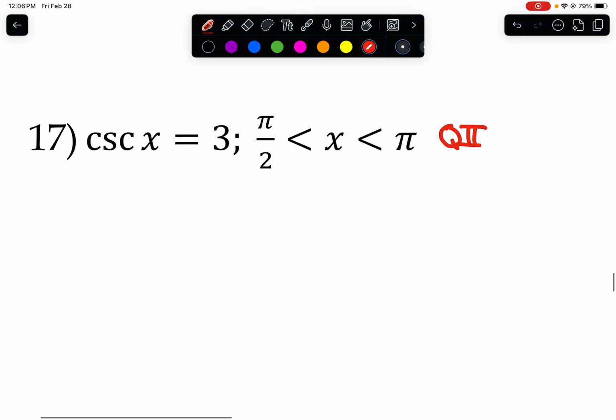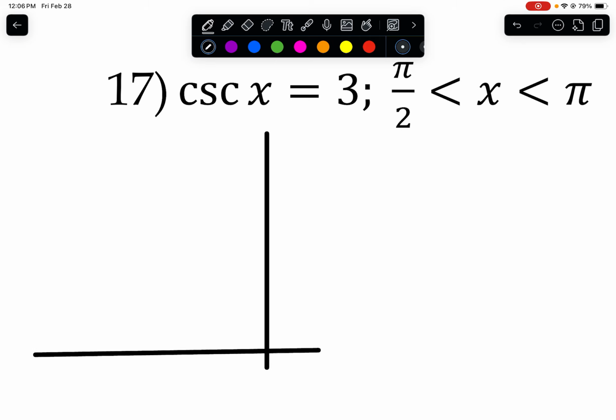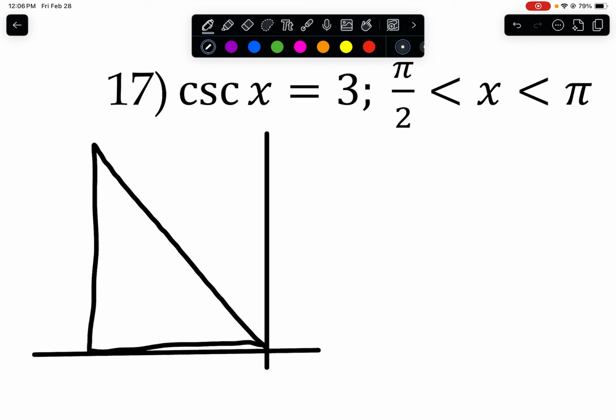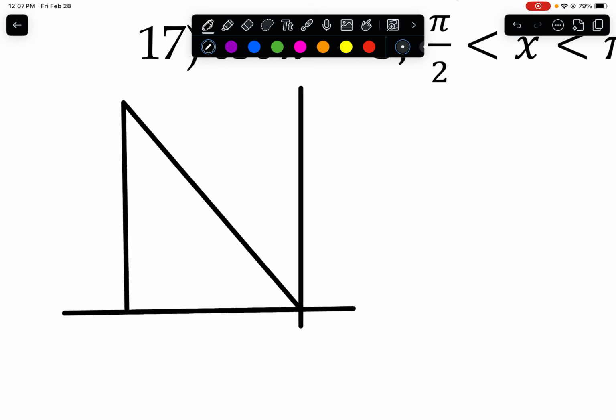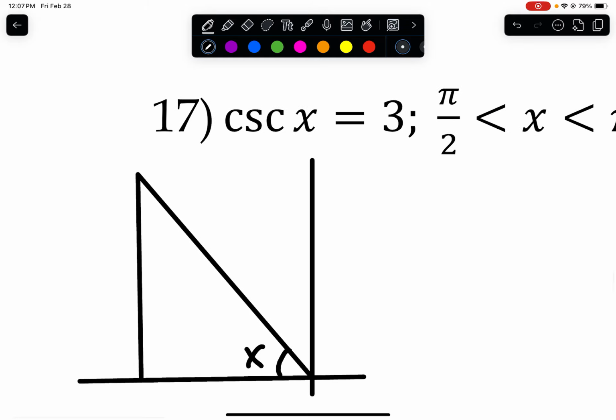Now in quadrant 2, keep in mind your cosine value is negative. So I'm going to draw a quadrant 2 figure, and then I'm going to draw my fancy little triangle. Now we need to fill in the given information.